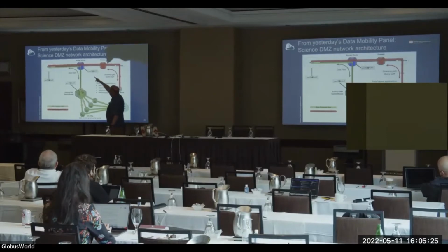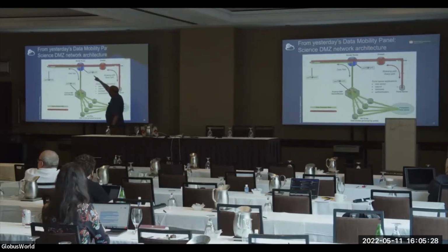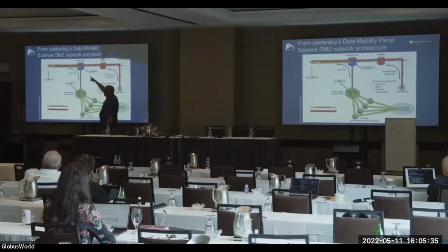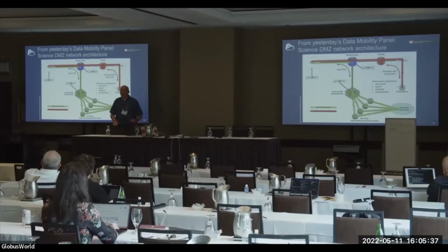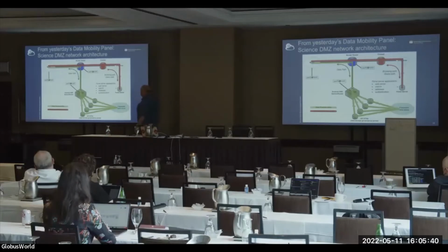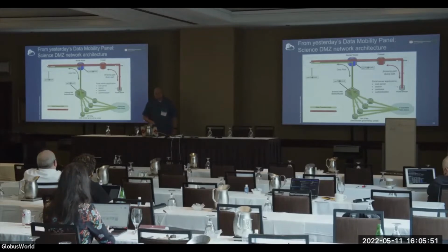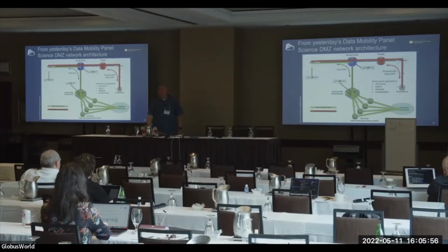So put it behind your border router, use the rules on your border router to make sure that only the traffic that you want goes down here to your Science DMZ, and have a fast data path out onto the WAN. Okay, and separate it from all of your institutional stuff back here. So just make sure that your DTNs aren't behind a firewall that slows everything down.